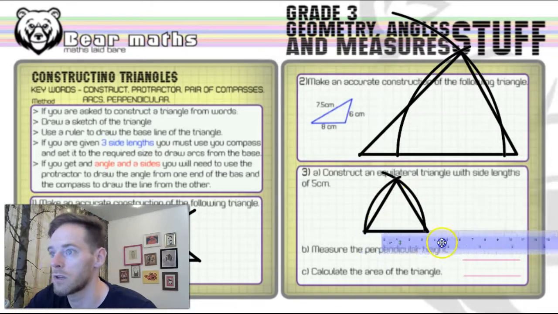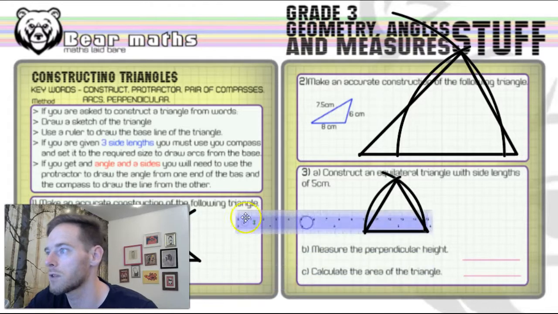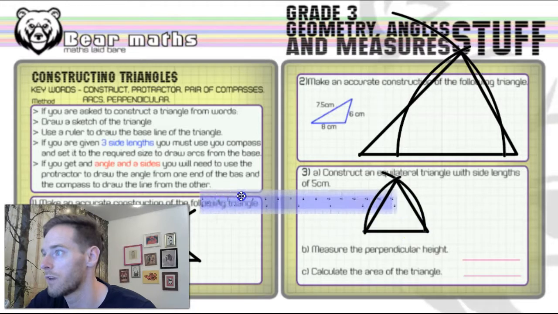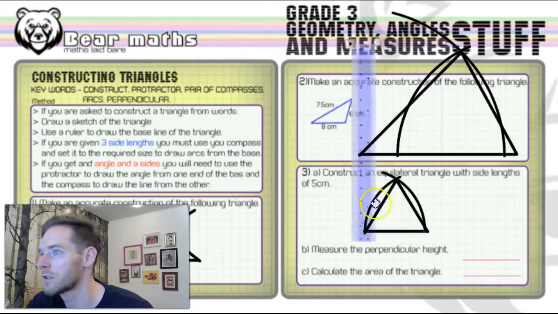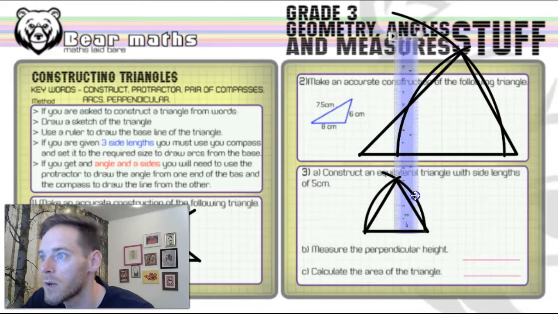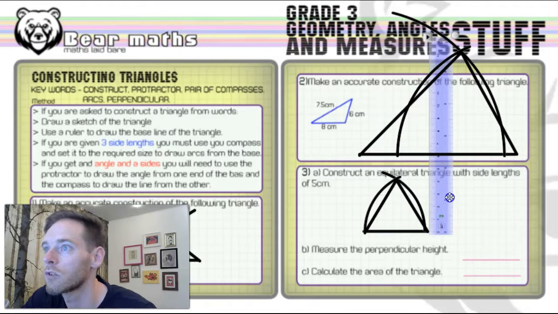And then what I can do is measure the perpendicular height. So measuring the perpendicular height, if I try and not change the size of the ruler, because otherwise that would change the scale of things. All right, I measure from the base up to the very top point of the triangle. It's really hard for me to see what that is, unfortunately.